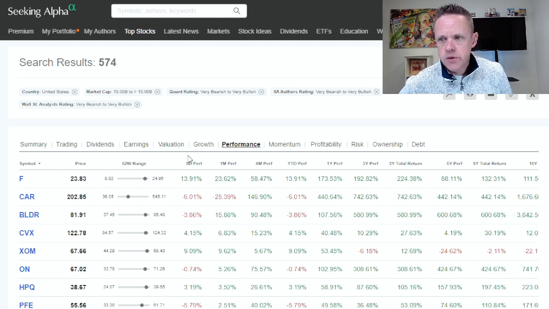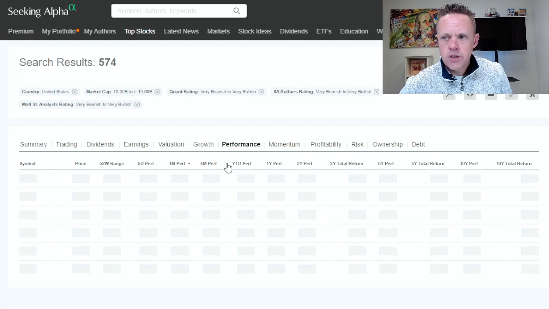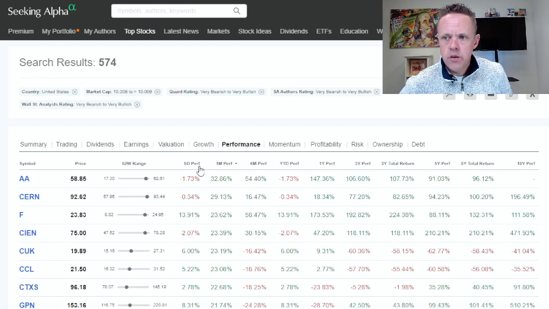So this tab is performance, and you could say, okay, which mega cap stock has had the best 1 month performance? And it looks like it was Alcoa Corporation over the last month at plus 32%. And then obviously you have zillions of other data points in there that you can reference.